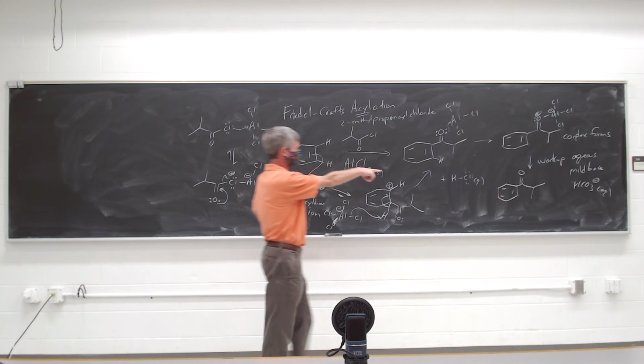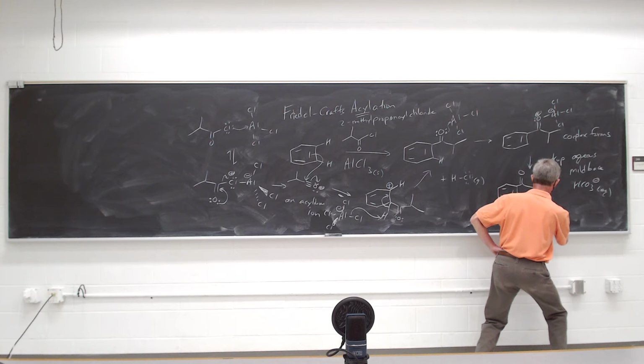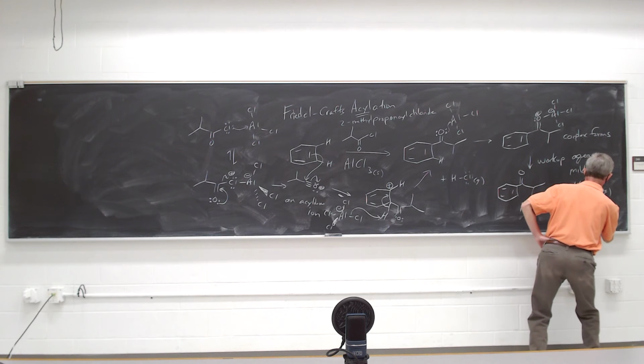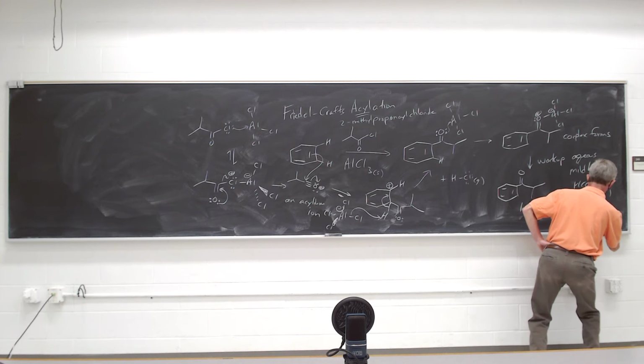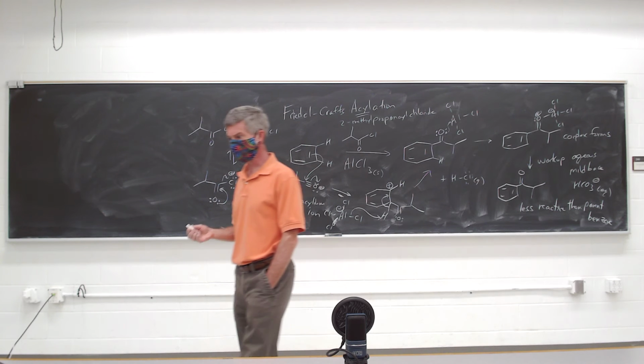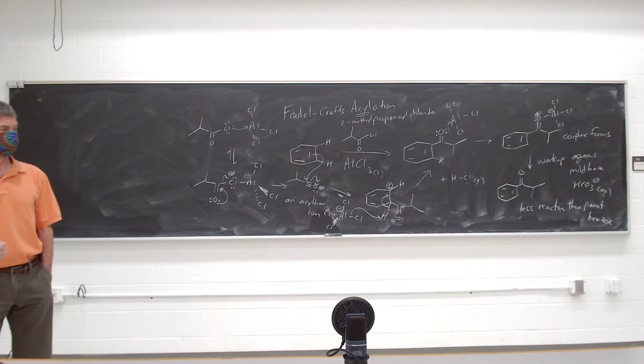Because this is electron withdrawing, this ring is actually less reactive than the parent. So you don't have to worry about double acylation. That acyl group isn't going to go any further.